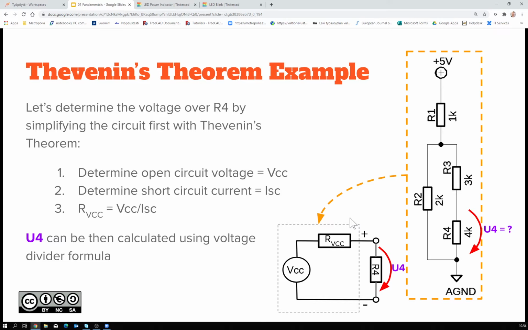So, Thevenin's model example. There are some series resistors and some parallel resistors here, a voltage supply, a different drawing, we have +5 and ground here. The voltage loop here is from 5 volts to ground, which gives you the hint which way the current is flowing. And then think of what U4 is.